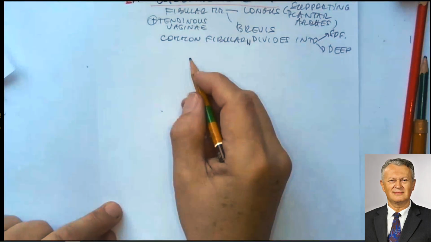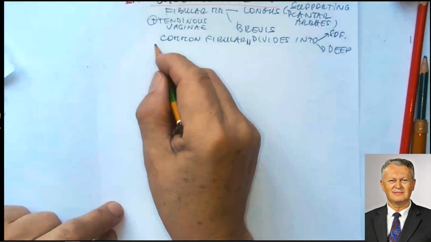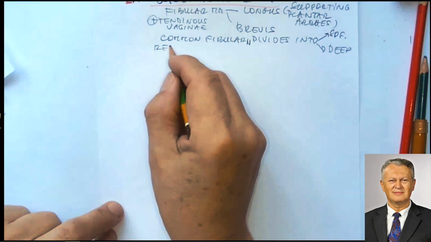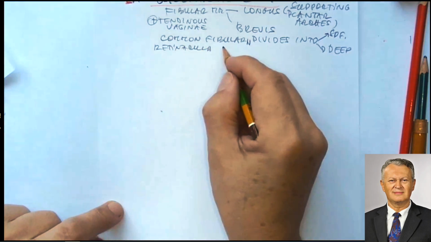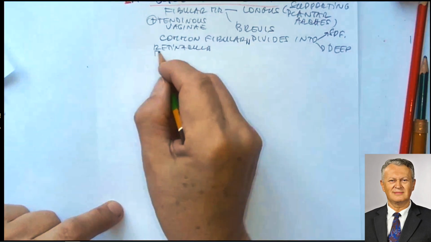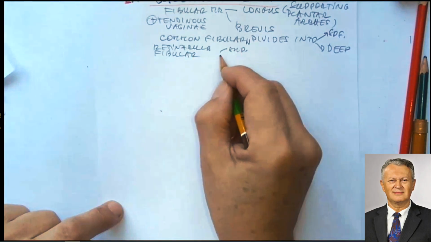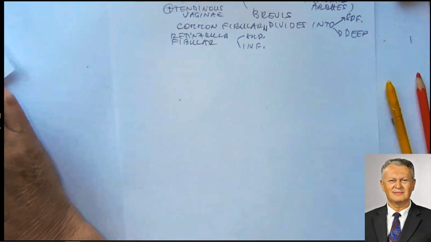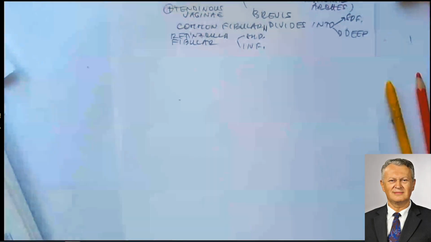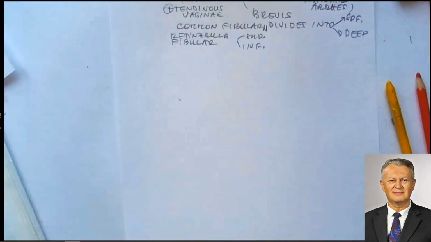And also we have to mention the retinacula, fibular retinacula, superior and inferior. I will show you the diagram immediately. So we are looking now at the lateral osteofibrous space. Do we have something? No, we have. Yes.